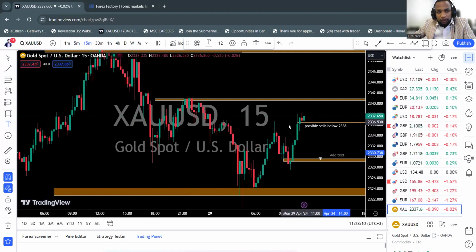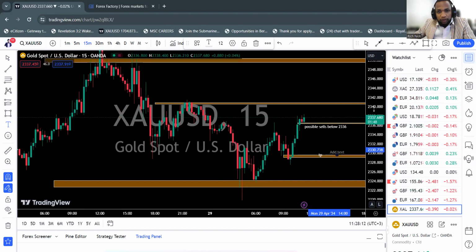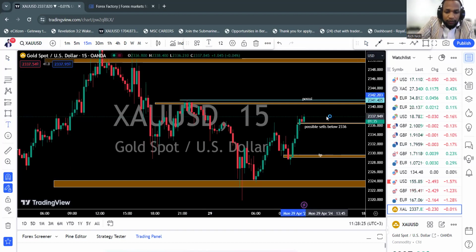Let's look at something else that can work out in terms of buys. If we do get a break above the wick over here, like that, we can get ourselves some possible buys over here. Possible buys 23.42.